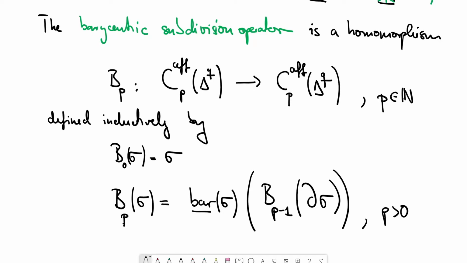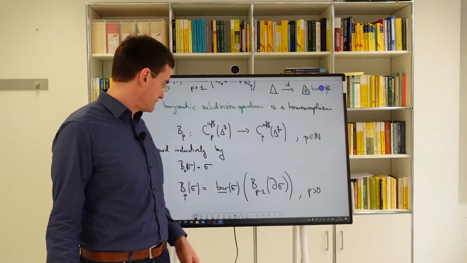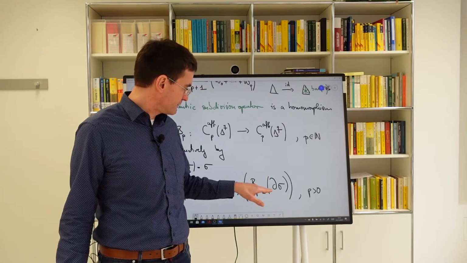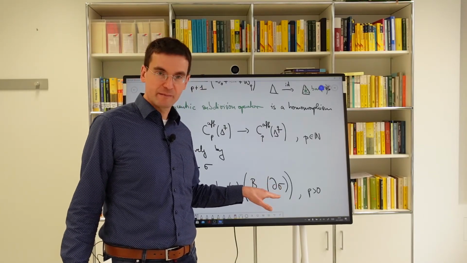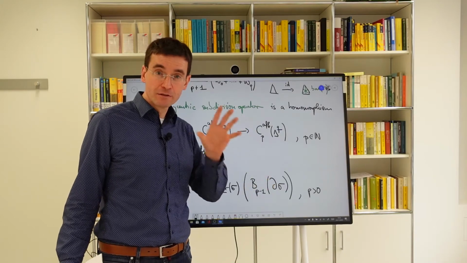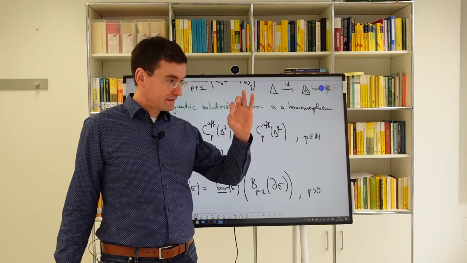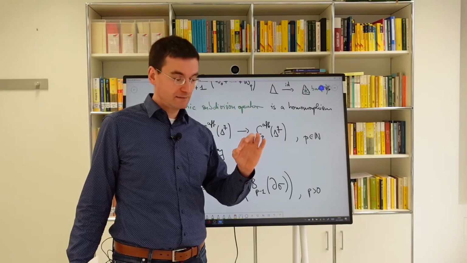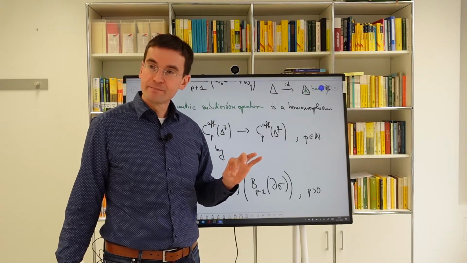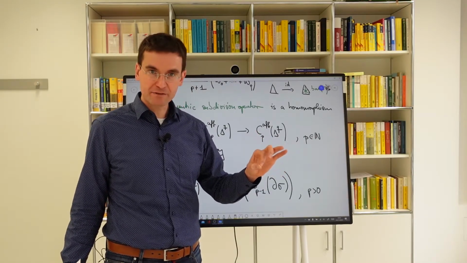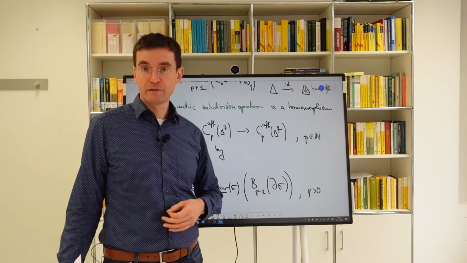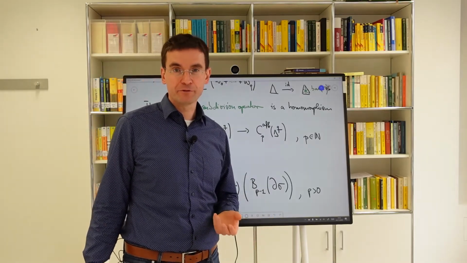And if you remember the heuristics that we had in the last video for the subdivision, you can really see it here. Because what we're doing is we're looking at the boundary of sigma, and now think of the boundary in a geometric sense. We apply the subdivision to the boundary, and then we have this center of mass, this barycenter in the simplex, and then we erect cones with respect to that barycenter point over all the p minus 1 simplices that appear in the subdivision of the boundary.